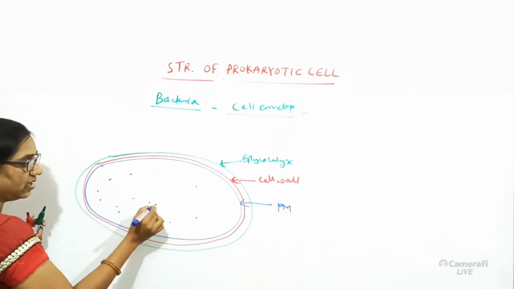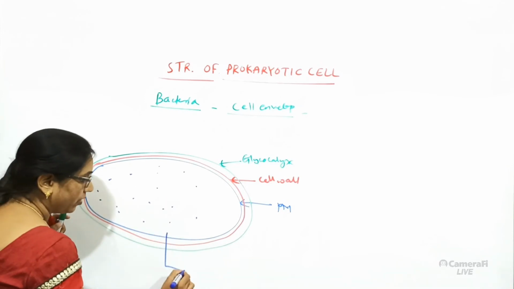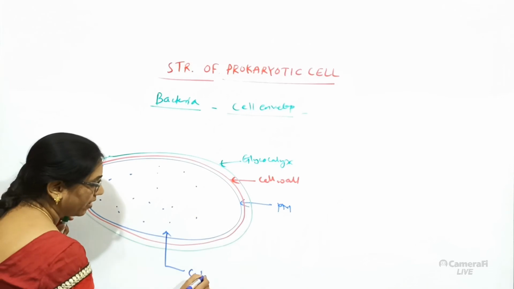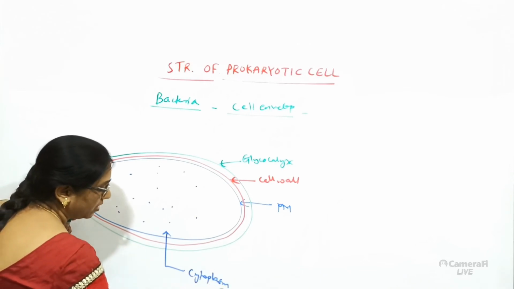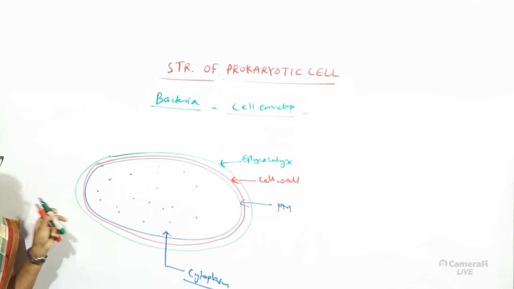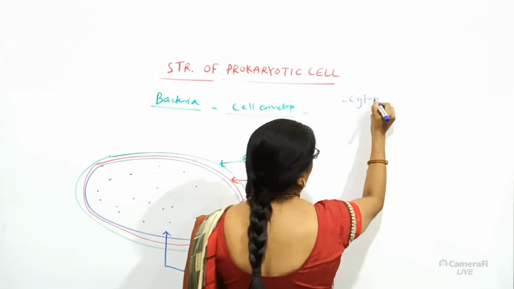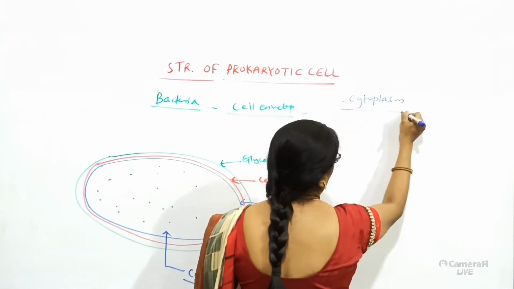The bacterial cell has a semi-fluid structure, and what is this semi-fluid structure called? It is called cytoplasm. So inside the cytoplasm, what are the substances present? We are going to study. The bacterial cell is filled by cytoplasm.